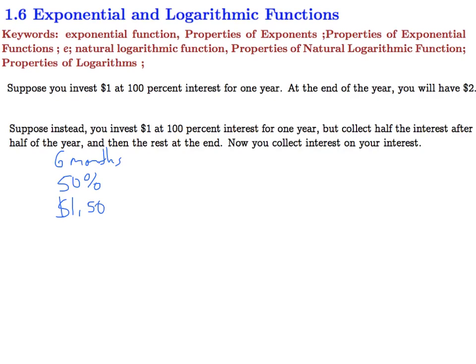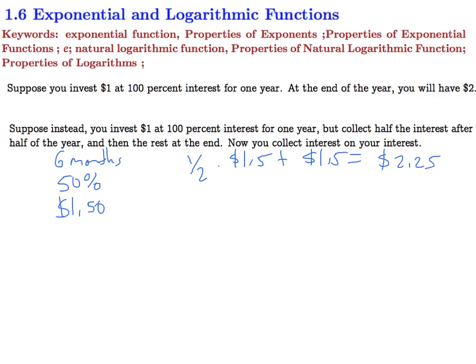And now 6 months later, you're also going to collect 50% of your $1.50. So you're going to collect half times your $1.50 plus your original $1.50 to give you a grand total of $2.25.